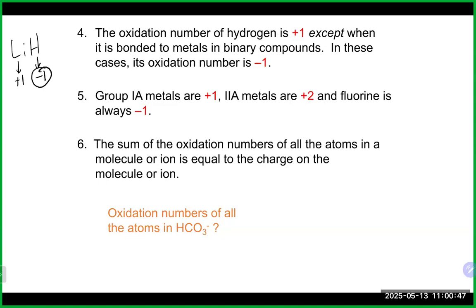When you add up all the oxidation numbers in a compound, they need to equal the charge on that compound. If the compound is neutral, they add up to 0. If it is +1 or -2, they add up to +1 or -2 overall.